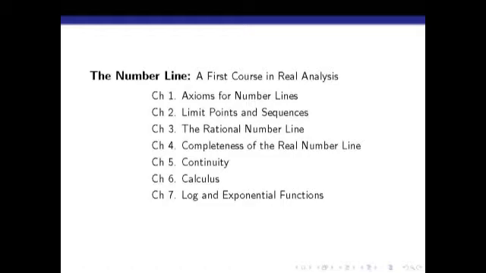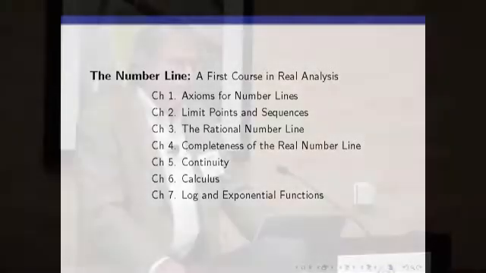Often I'll start here, in Chapter 2, looking at limit points and sequences and getting down a few definitions and having them start proving things, and then we realize, well, we need to know what we can assume and what we can't assume, and so we'll go back and write down some axioms for a number line. And the axioms that I write down are the axioms for an Archimedean ordered field, which are all familiar to them, even if they haven't seen them stated as such.